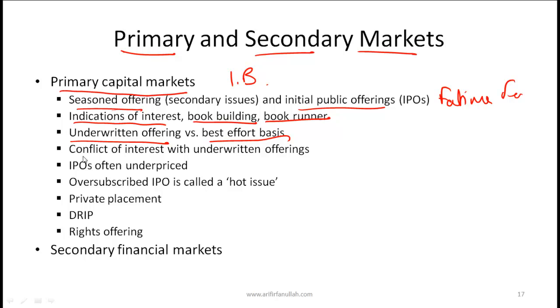You need to be aware that in this whole underwriting process, there is a conflict of interest from the perspective of the investment bank, because the investment bank would like to buy shares from the issuer at a relatively low price.